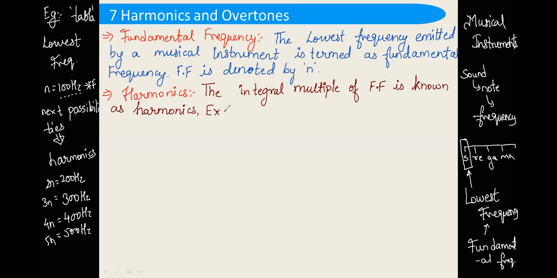An example: 1n is called the first harmonic, 2n is called the second harmonic, 3n is called the third harmonic, 4n is called the fourth harmonic, and so on. So these are possibilities.